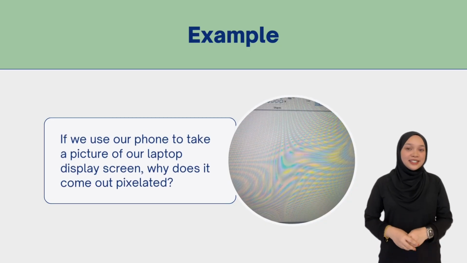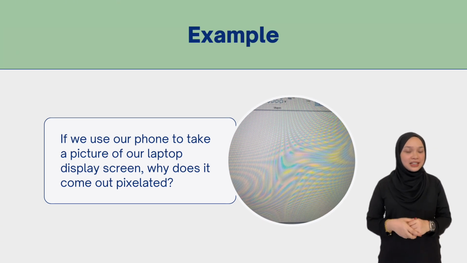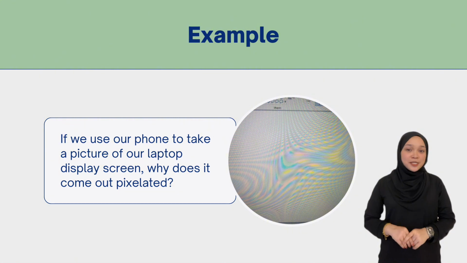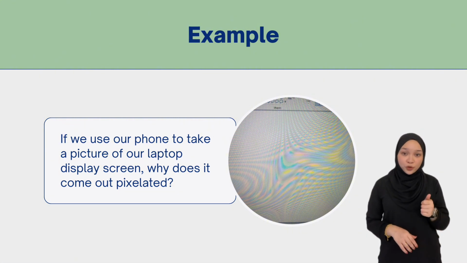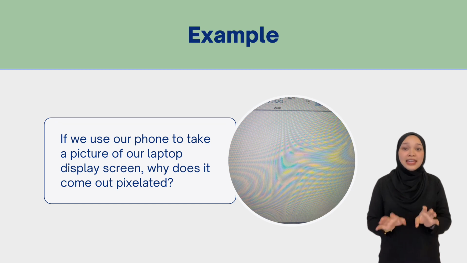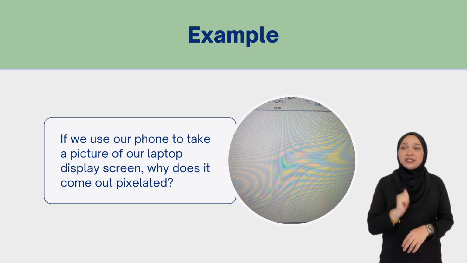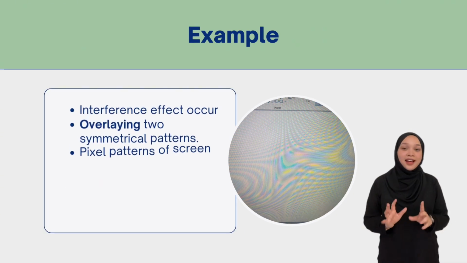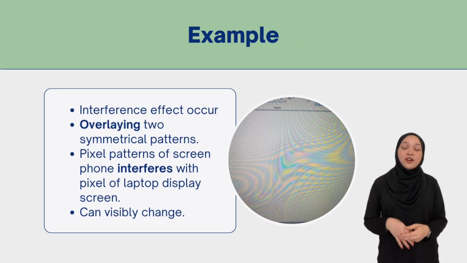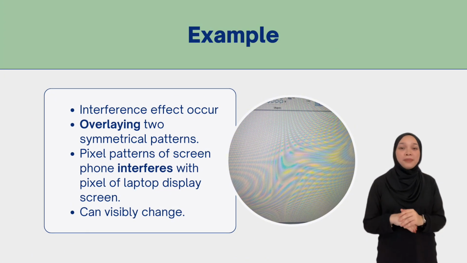Next, let me take a look at an example of interference of wave that occurs around us. Did you ever experience that if you use your phone to take a picture of your laptop display screen, it comes out pixelated like the picture here? Why do you think so? It is actually an interference effect that occurs by overlaying two symmetrical patterns.